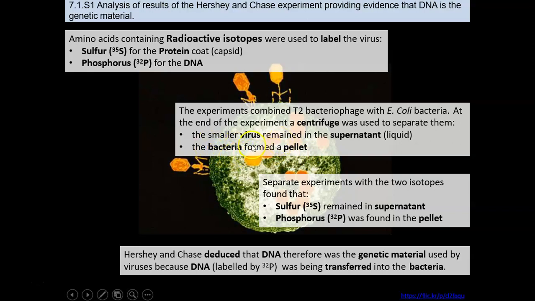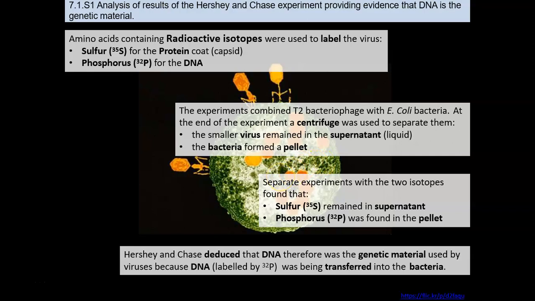So whenever you do the centrifuge, you will see the virus at the top and bacteria at the bottom. In the first experiment, the radioisotope was for the protein coat, so it goes to the top.